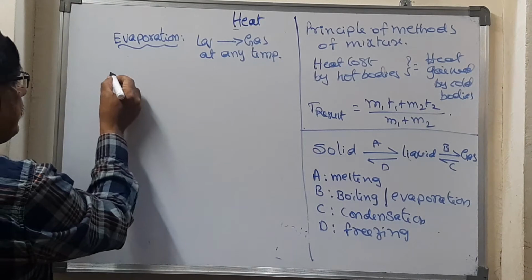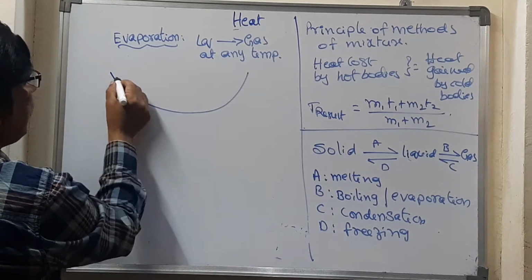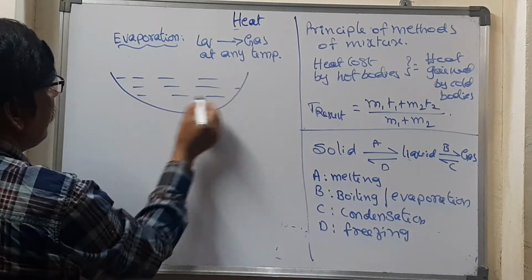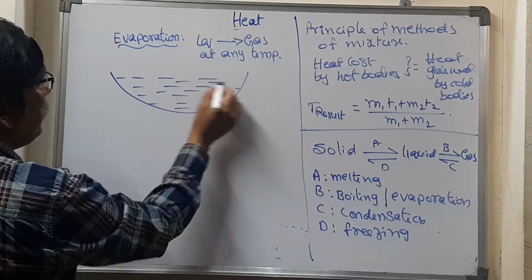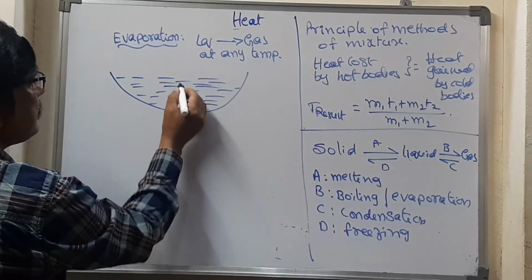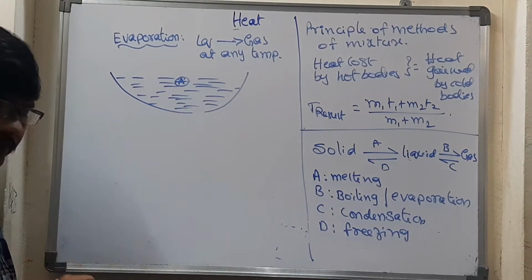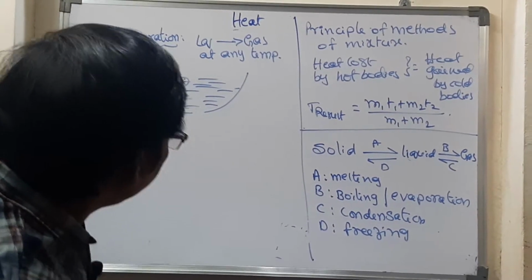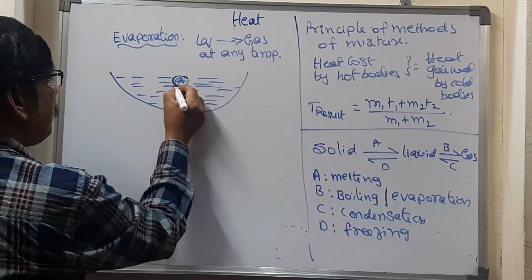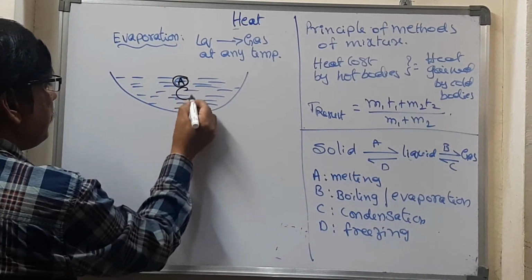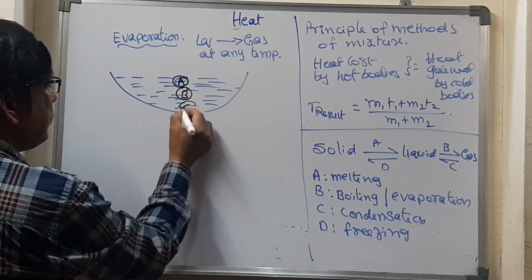For example, let's take a bowl which has a large surface area. Assume that it is made up of molecules, and here is one molecule. Let's call it A, and this is a B molecule, and this is a C molecule.